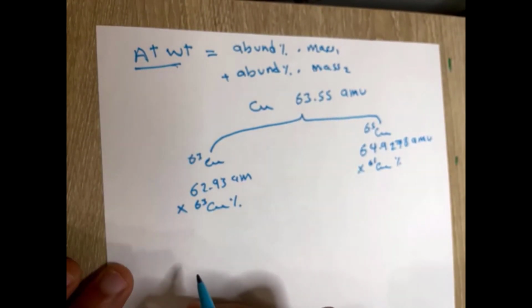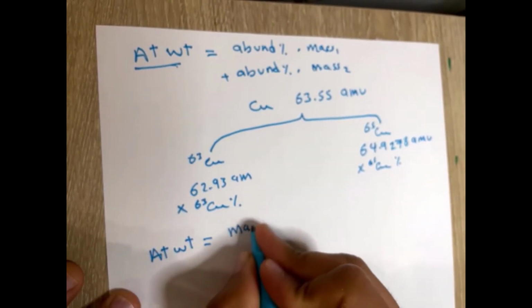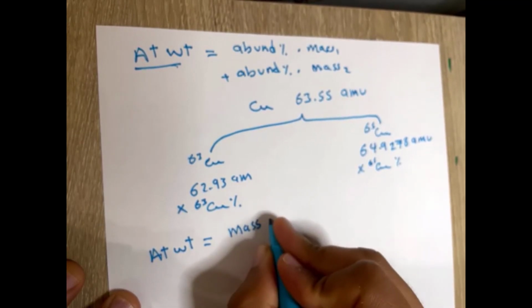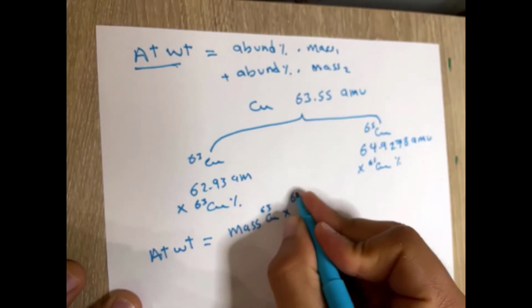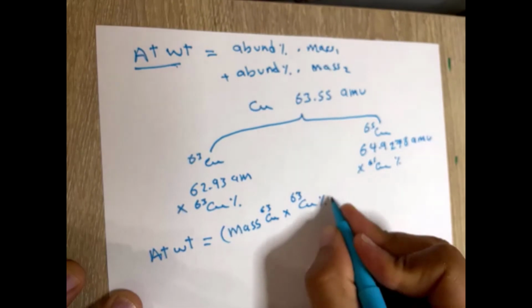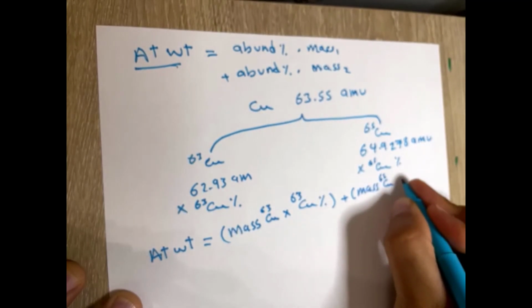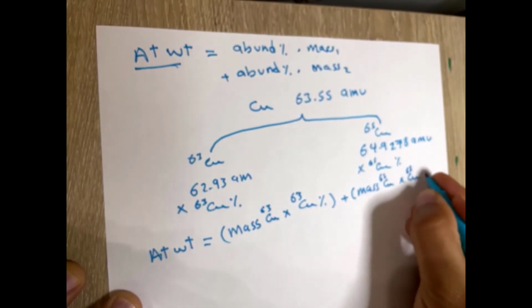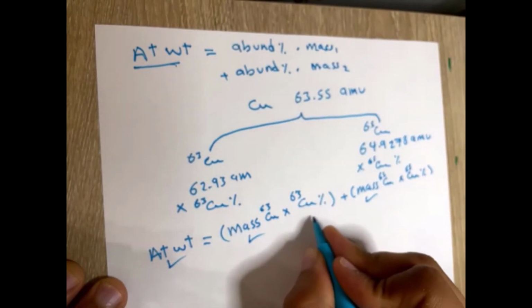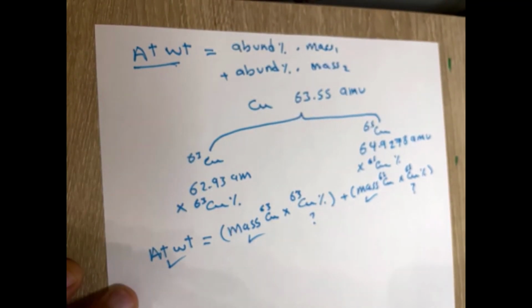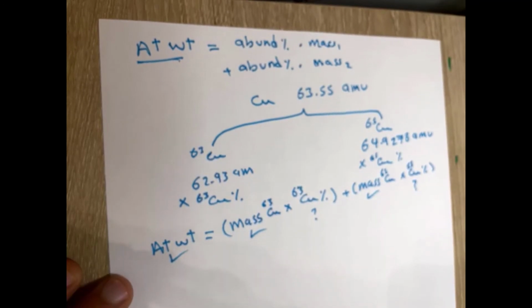So if we put this in an equation, the atomic weight should equal mass of isotope 63 times the abundance of isotope 63 plus mass of isotope 65 times the abundance of isotope 65. We know this, we know this, we know this, but we don't know these two. And it's not possible to solve an equation for two variables. So we need to simplify this equation somehow.